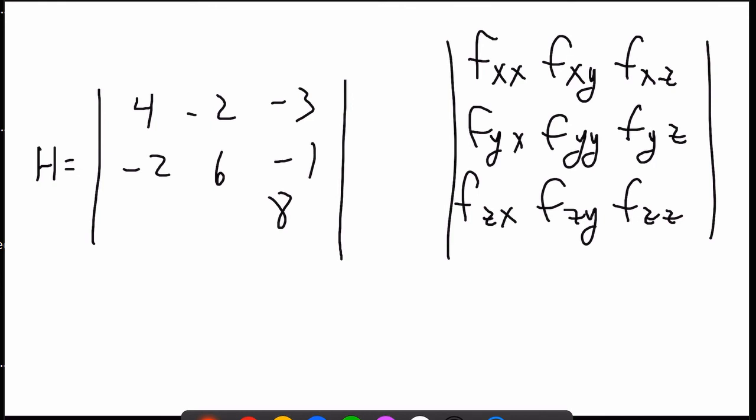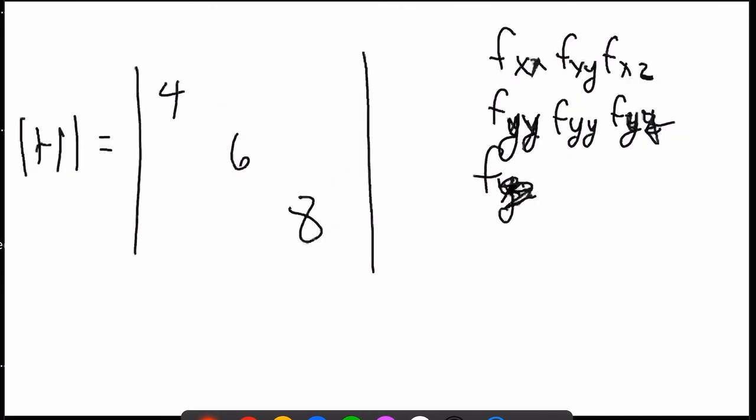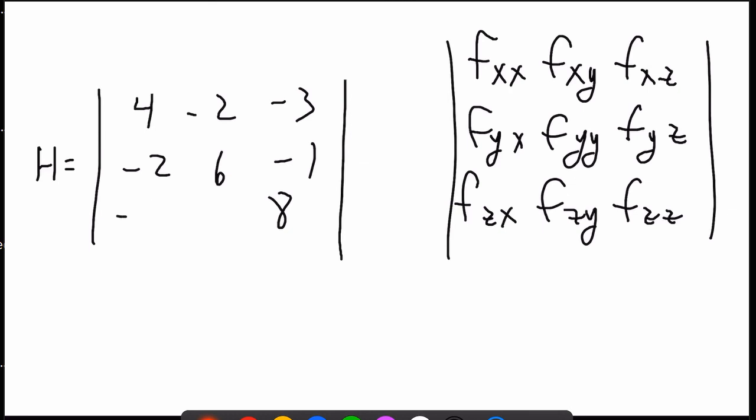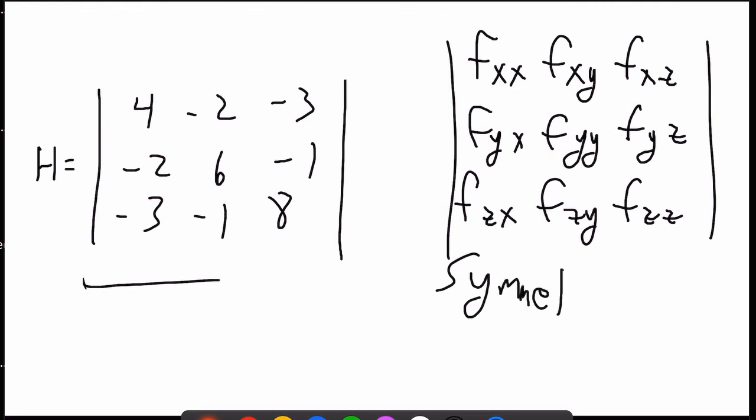Okay, and we actually know how this is all going to work out because they have to be equal things, right? So fzx is minus 3, and fzy is minus 1. So we have a minus 3 and a minus 1. And we're pretty sure it's right because this thing has to be symmetric, right? This Hessian.